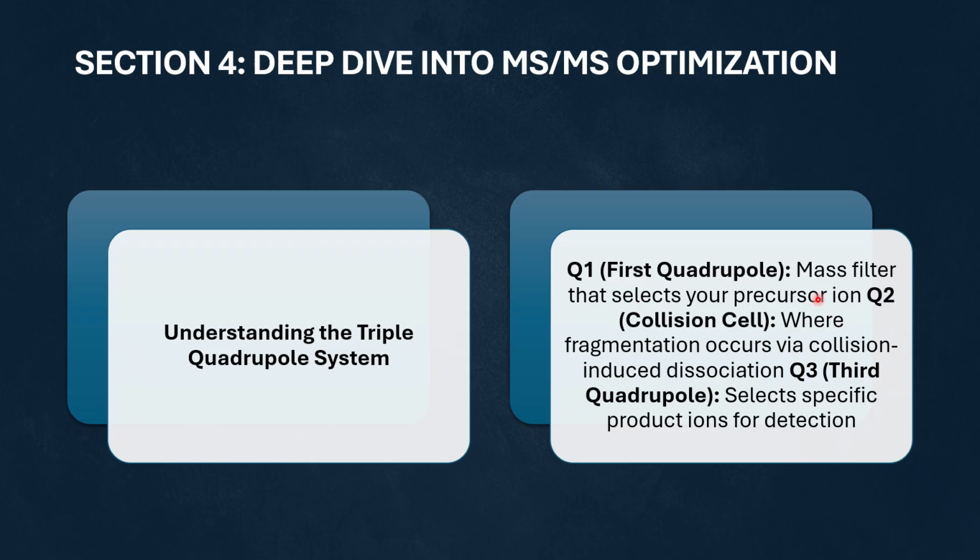In Q1, it filters your masses, whatever you have selected as your precursor ion, and that precursor ion will enter Q2 and will be fragmented. The fragments then go to Q3, and whichever product ions you have selected for detection will be filtered.